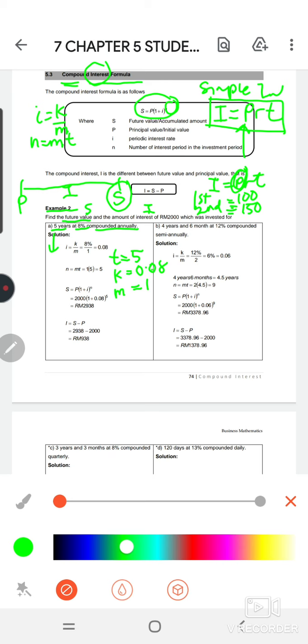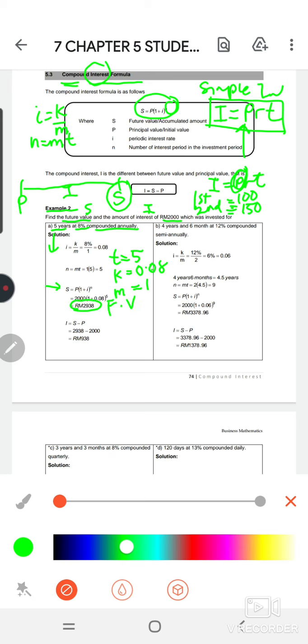So you get 5. To find the future value, which is S equals P(1 + i)^n, substitute P, which is given as RM2000. So your P is 2000, (1 + 0.08)^5. This is your future value.